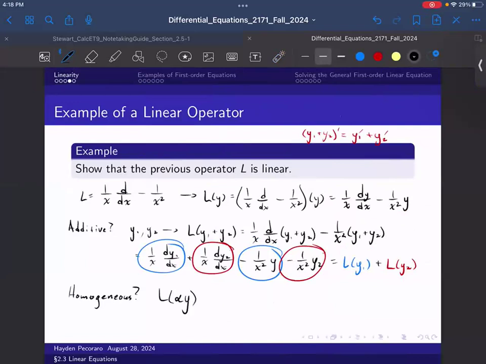Then I want to carry a subscript. All right, well, that means I do 1 over x d/dx minus 1 over x squared. Apply that to alpha times y. And now, all right, well, I apply each part of the function to y, or alpha y.